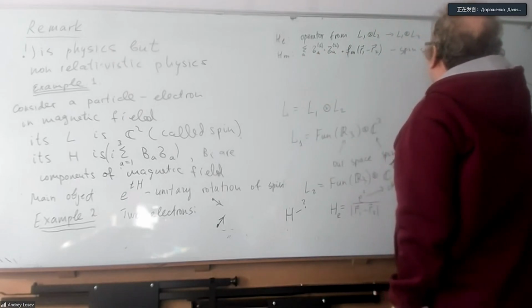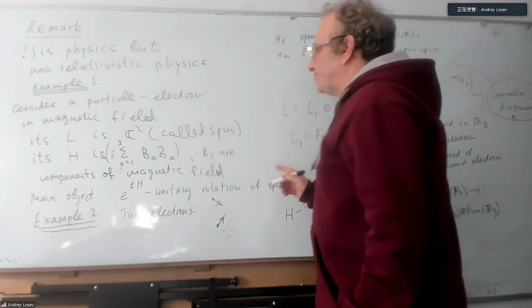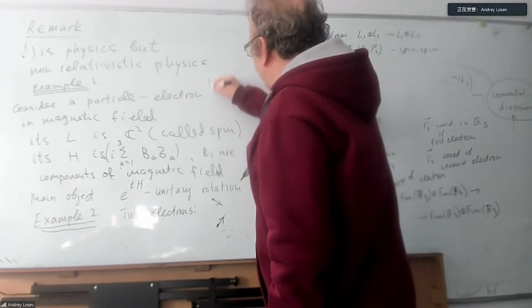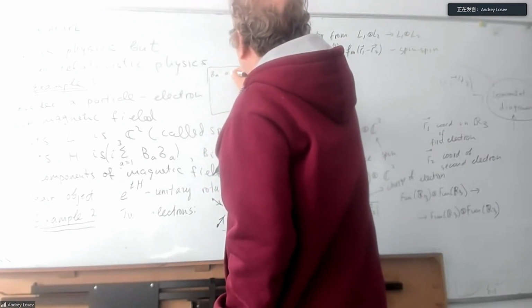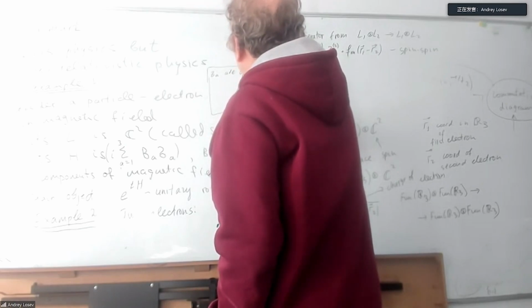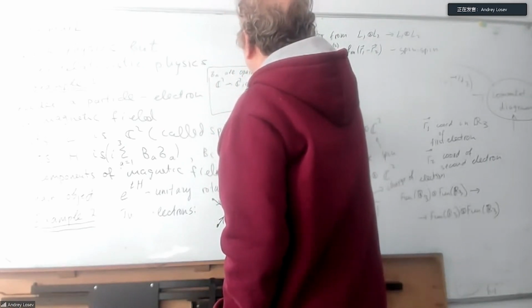Sorry, can you repeat what sigma is? It's my mistake. Sigma A are operators from C squared to C squared called Pauli matrices.